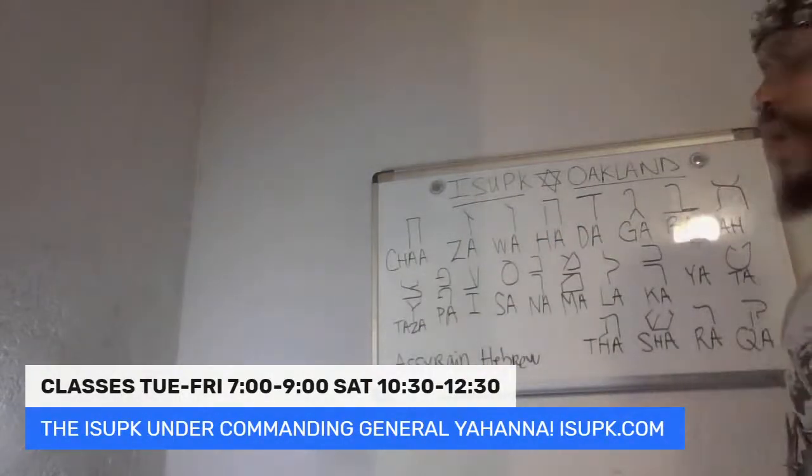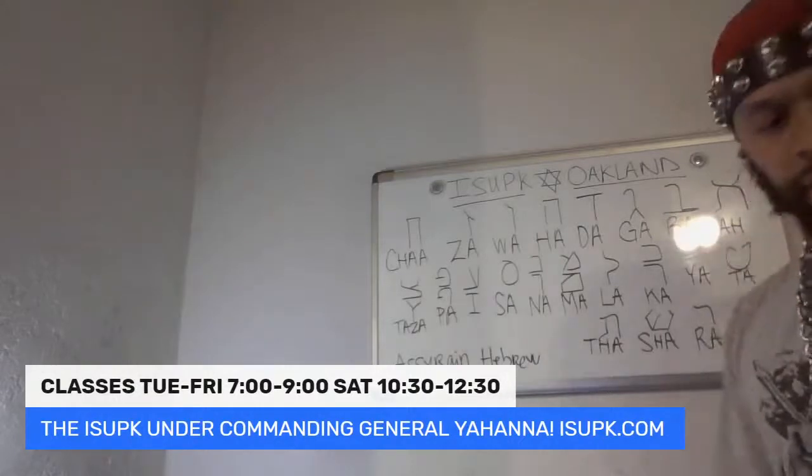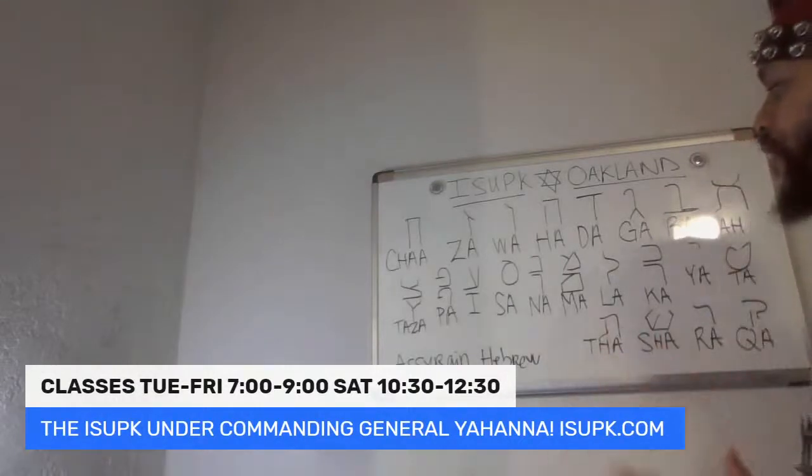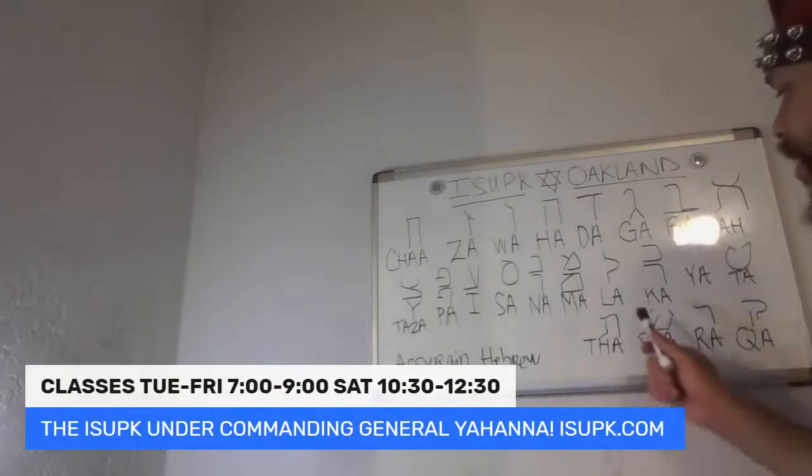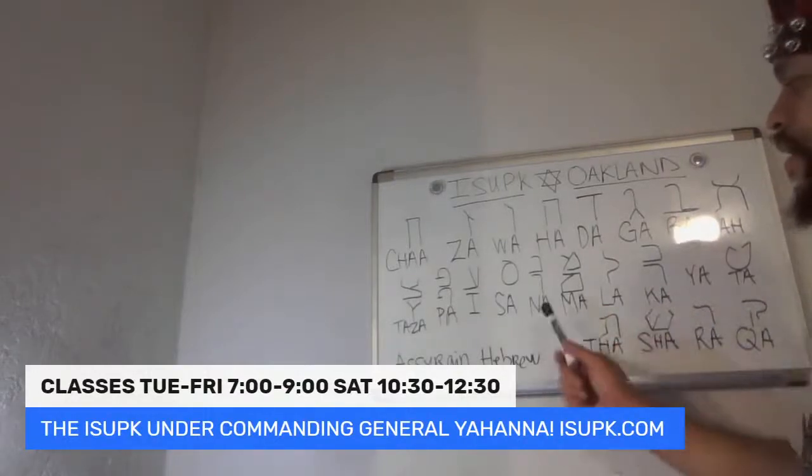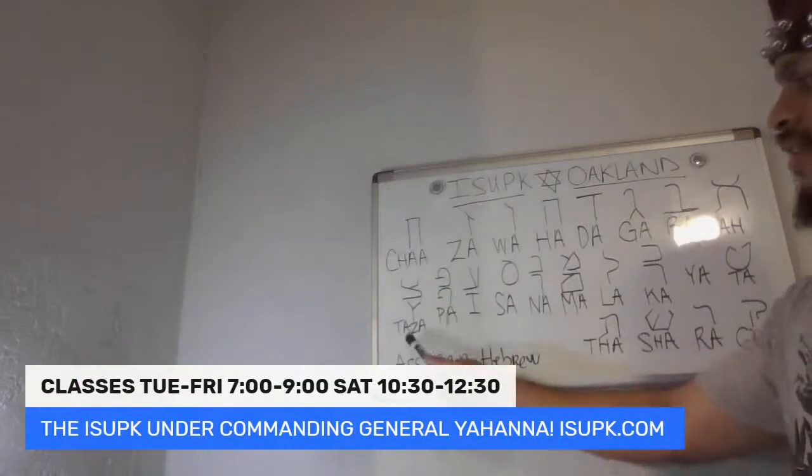When it comes to the Assyrian, there are five different letters that look different at the end. Those letters are Ka, Ma, Na, Pa, and Tazah.